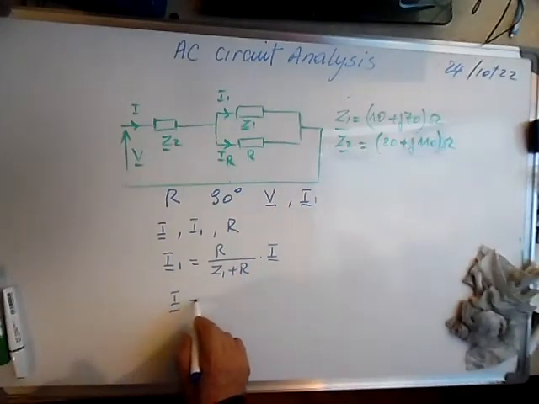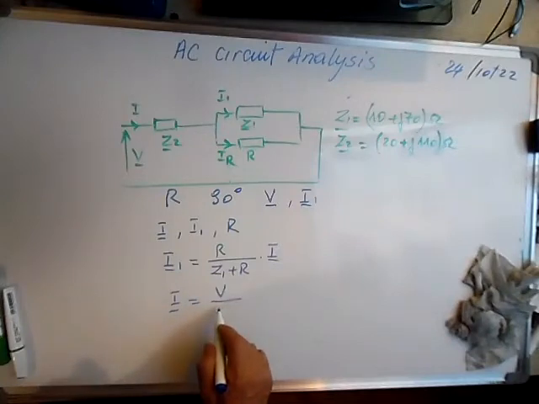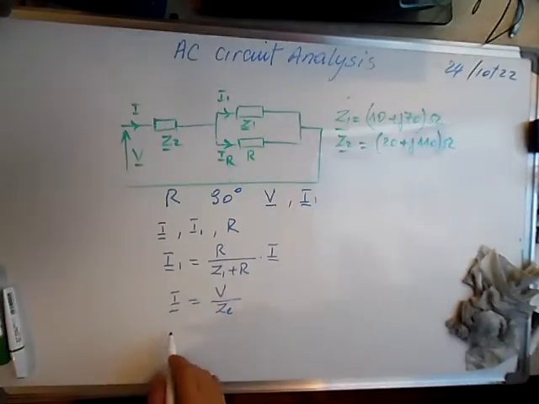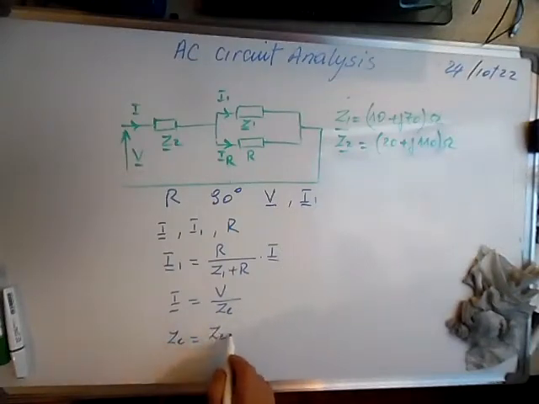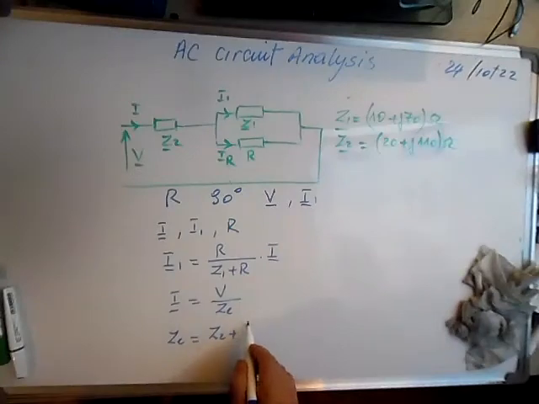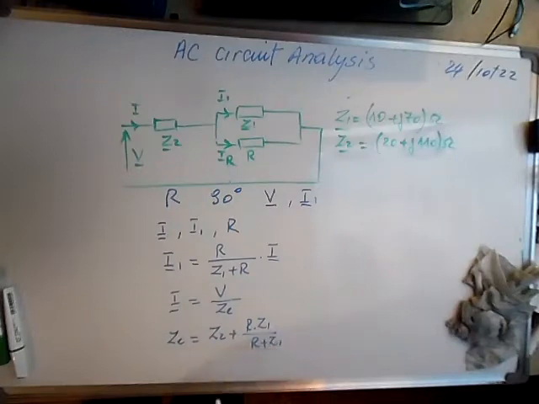I is equal to V over the equivalent impedance, and the equivalent impedance is equal to Z2 plus R times Z1 over R plus Z1.